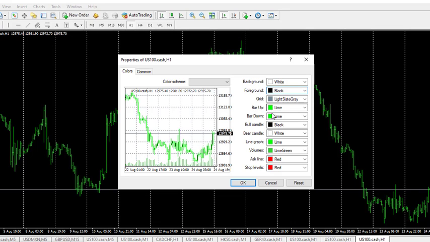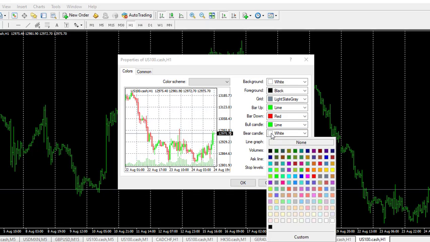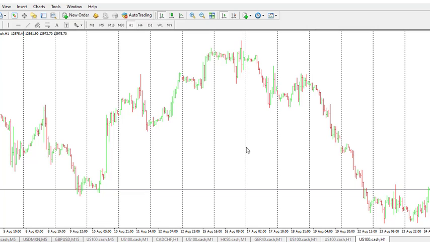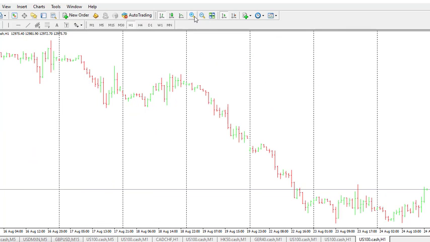Bar up, line color is okay. Then for the bull candle, let's use line also, and the bear candle can use red as well. I think this is okay now.